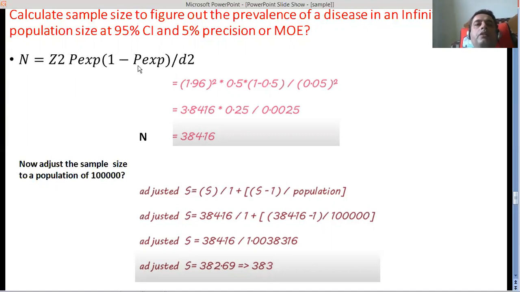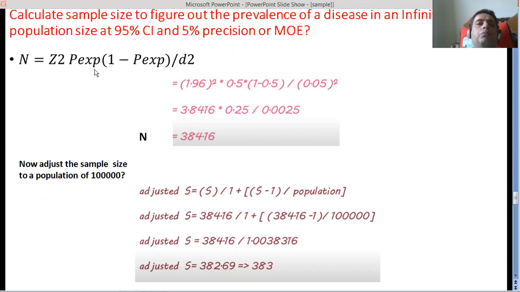And 5% precision, so that is actually the D value. And in this case, we assume that we absolutely don't know about the population proportion or expected prevalence of the disease. So we have kept it at 50%. As its value is from 0 to 1, we would just represent 50% as 0.5.